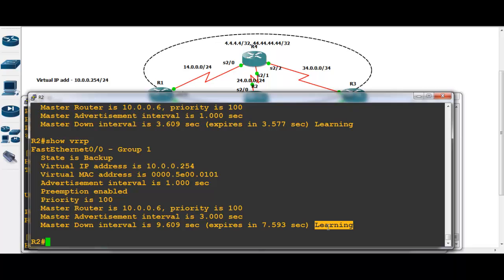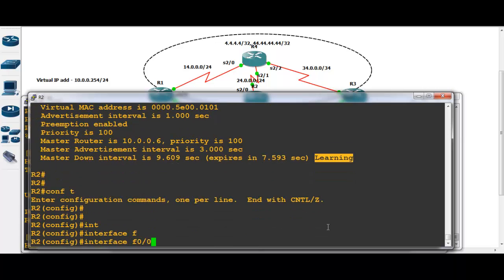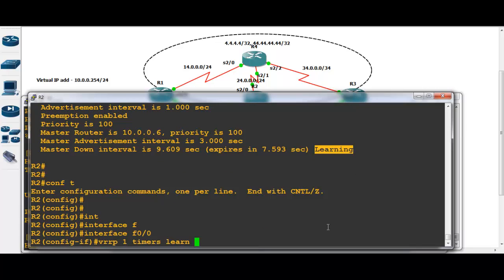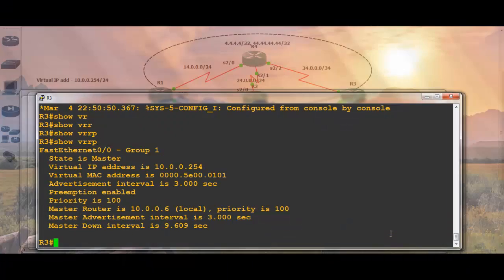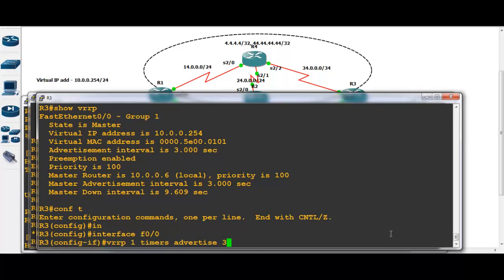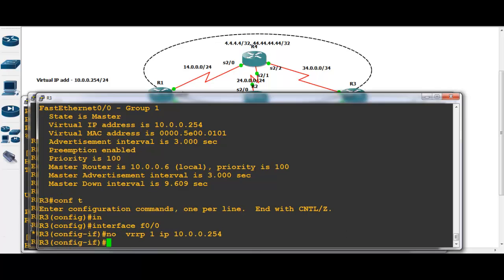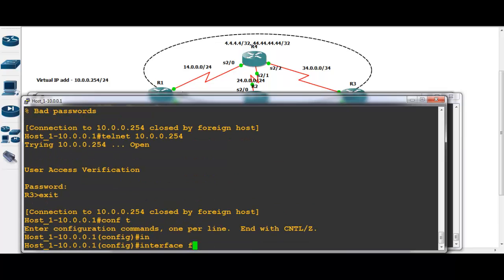So this is what VRRP is. Now let us get into HSRP. I'll cancel this VRRP. From here, interface FastEthernet 0/0. Done. Interface FastEthernet 0/0.